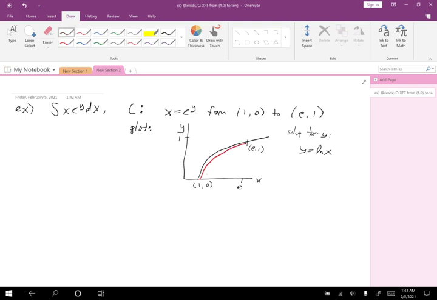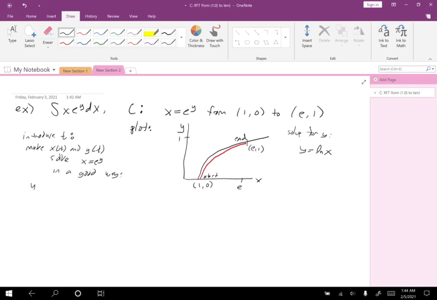So that means the portion that we're interested in is this red portion. And so we start at (1, 0), and then we end at (e, 1). Okay, so where's the t? So now we're going to introduce t. And so you just make x of t and y of t solve x equals e to the y in a good way.